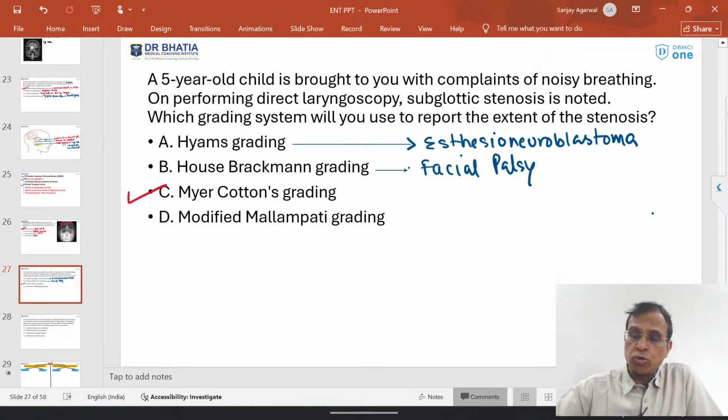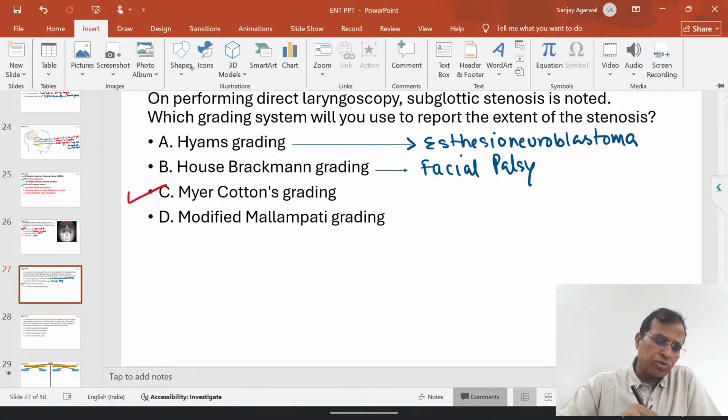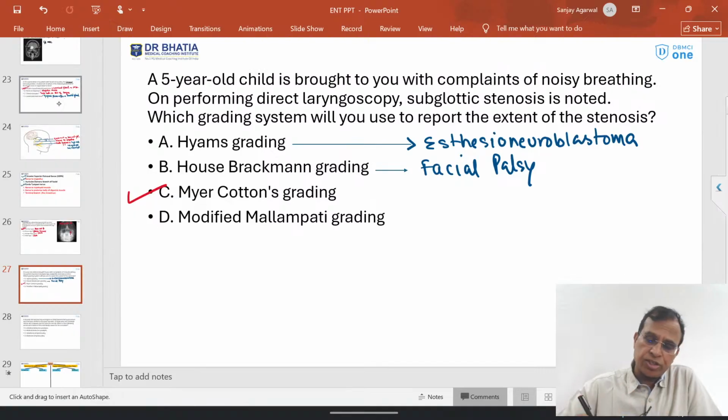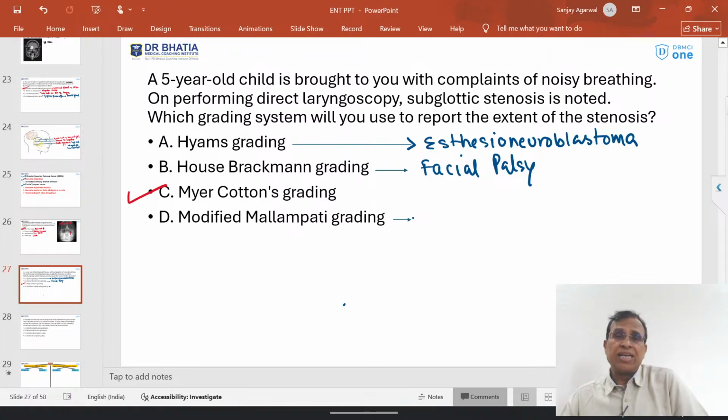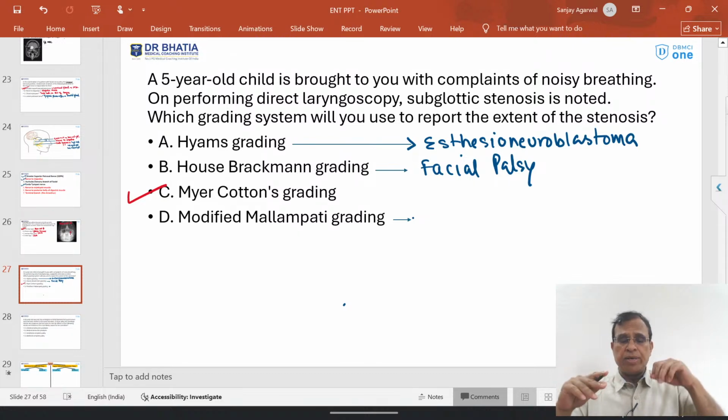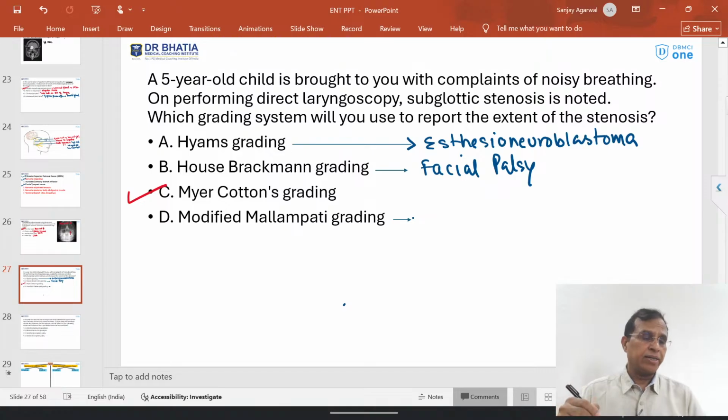Mayan cotton grading I told you is for subglottic stenosis, and modified Mallampati, anybody knows? ENT, I think you will know. Many people will, because they teach this in anesthesia sometimes. This grading often comes in handy at the time of intubation, when you try to intubate the person.